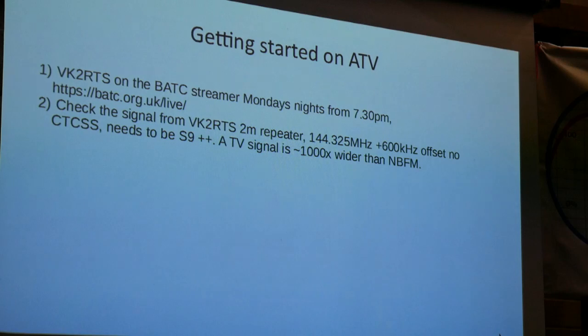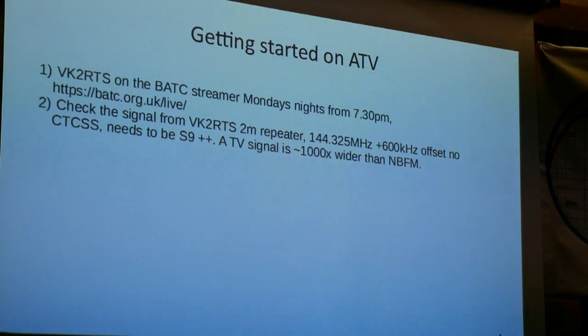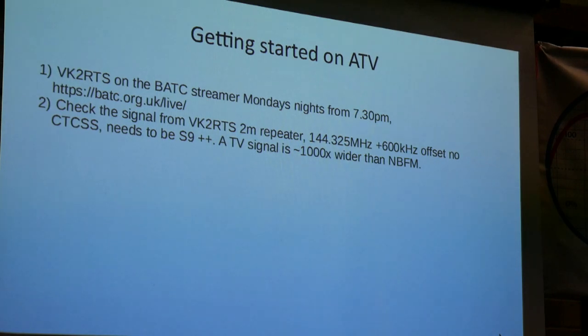If that didn't work, well, here's the thing. Because TV signals are relatively wideband, you've got to be getting a really good signal on 2 meters. So that was the first thing you could do. When we had the 2 meter repeater up there, you could easily check that out with standard equipment and see how good a signal you're getting on 2 meters.